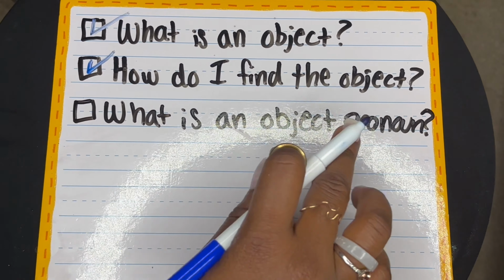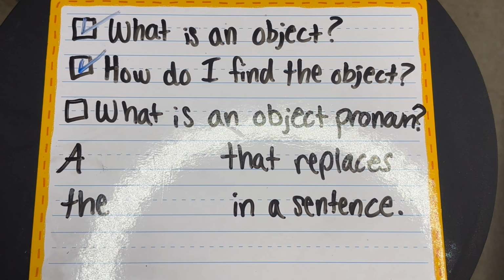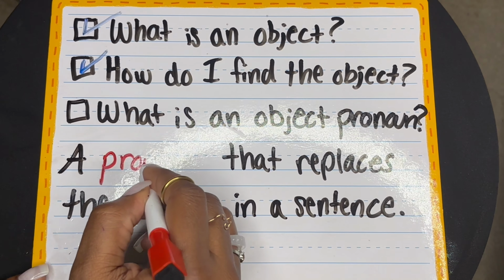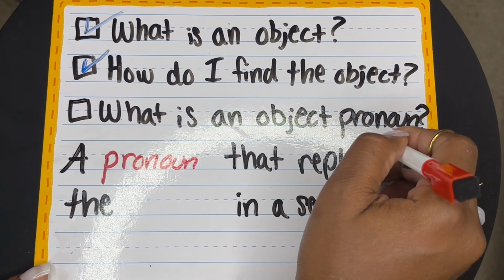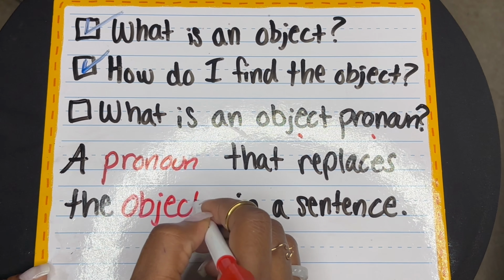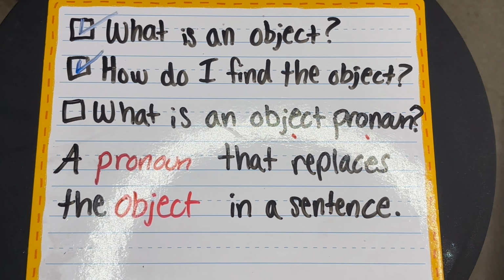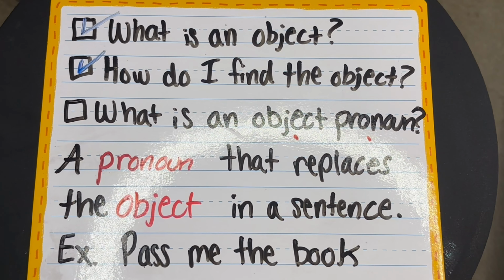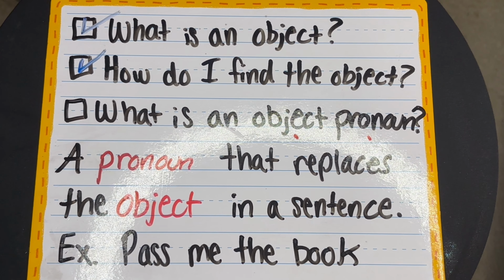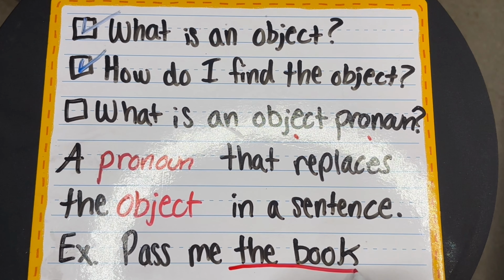But what is an object pronoun? An object pronoun is simply a pronoun that replaces the object in a sentence. So let's look at our original example. We had pass me the book, and we said that the object was the book.